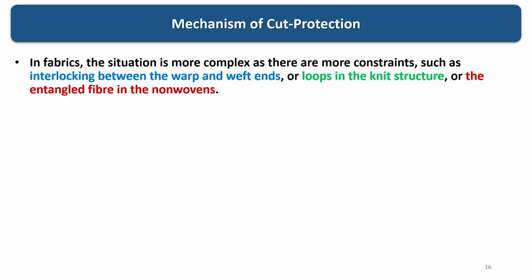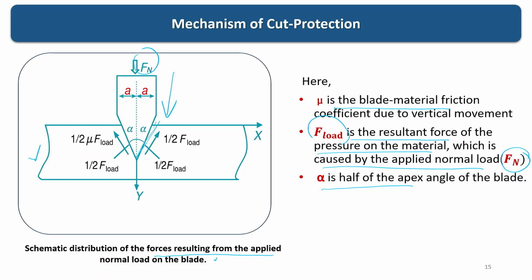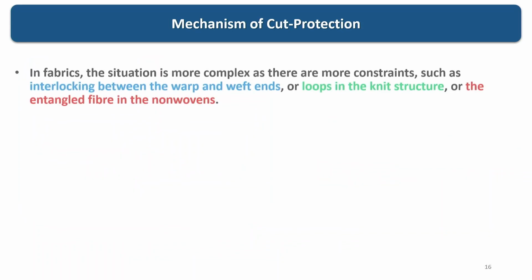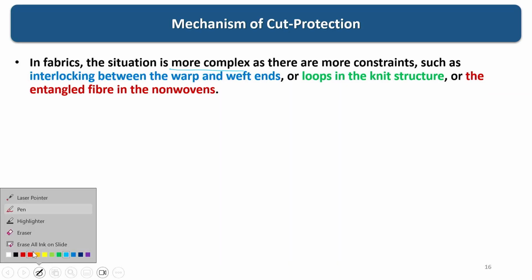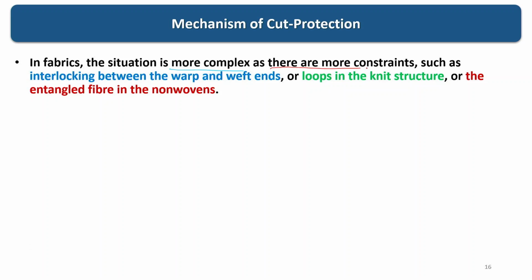But as I have mentioned, this is a very simplified force distribution diagram. In case of textile material, fabric, it is not that simple, because in fabric the situation is more complex, as there are more constraints, such as interlocking between warp and weft threads.